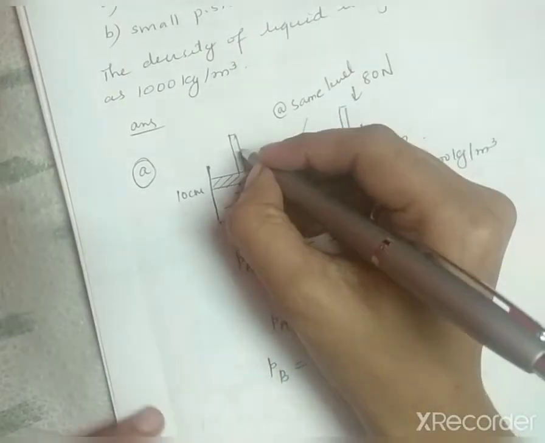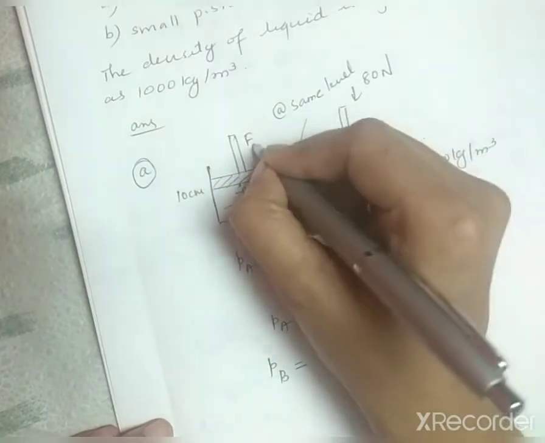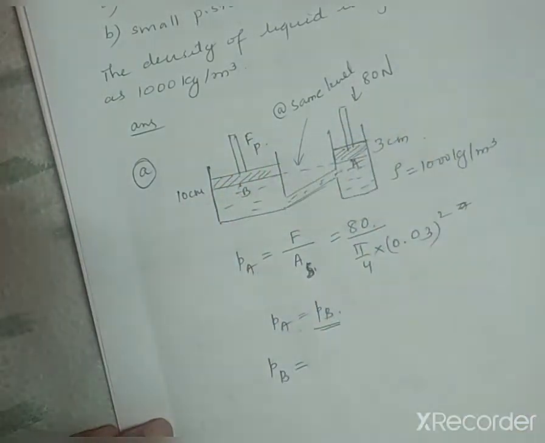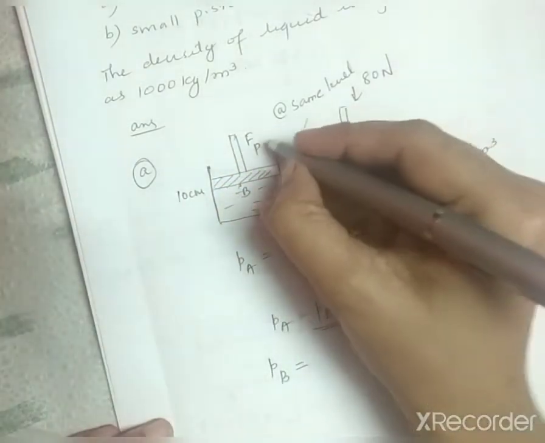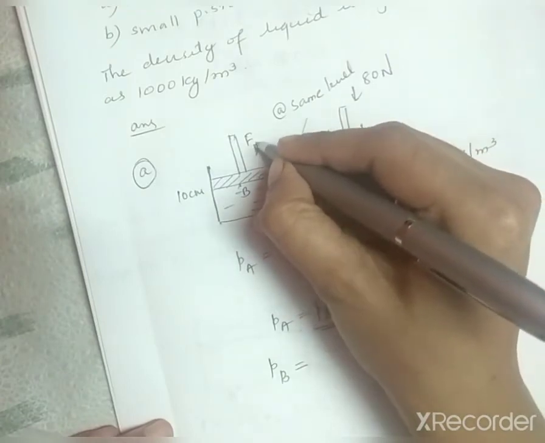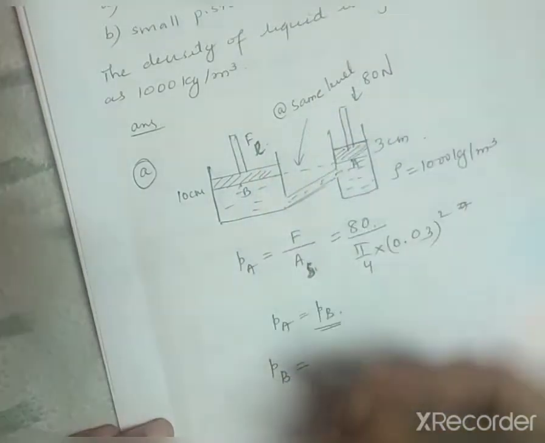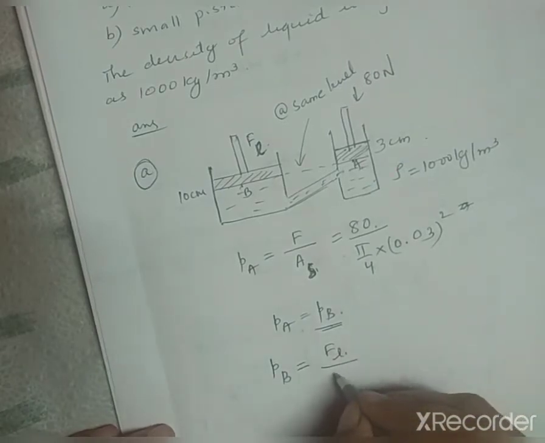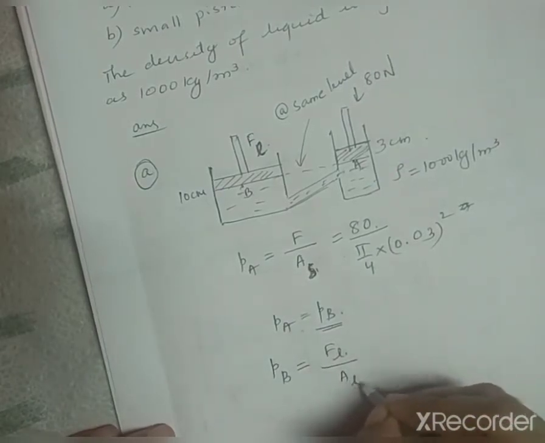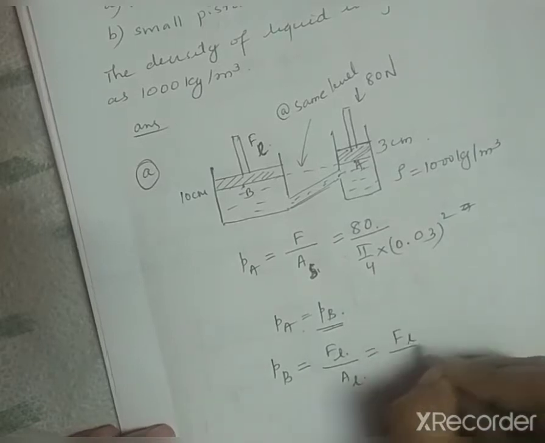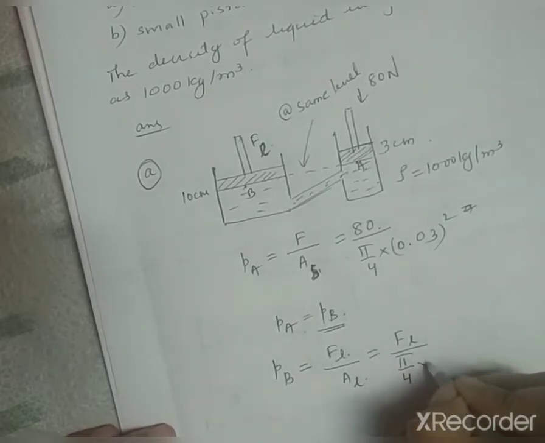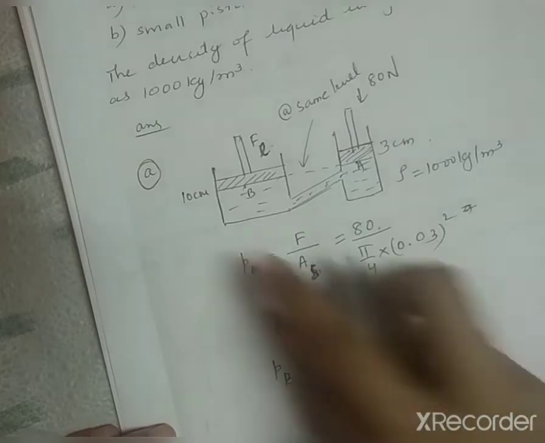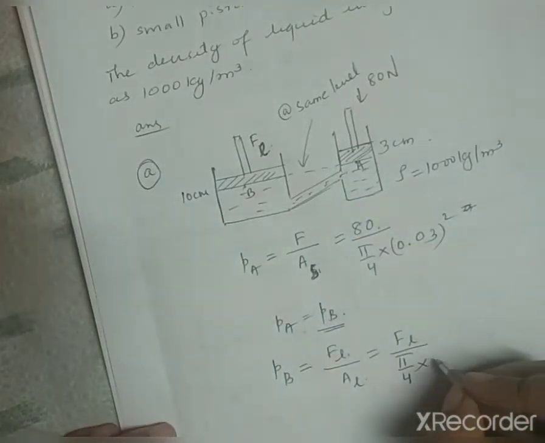Let this force be, I will give it as large piston, so I will give it as FL. So PB is equal to FL divided by the area of the large piston. So this is FL divided by pi by 4 into the diameter, which is 10 centimeters, so that will be 0.1 square.